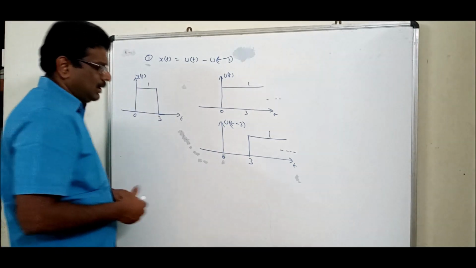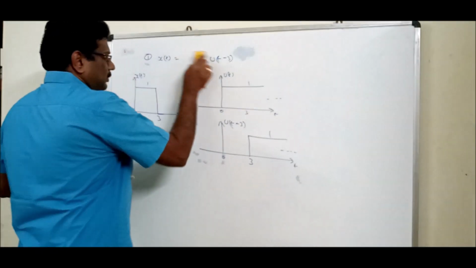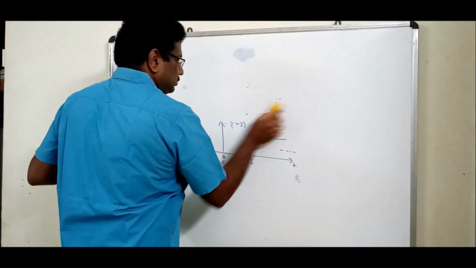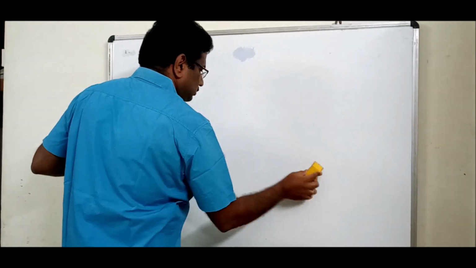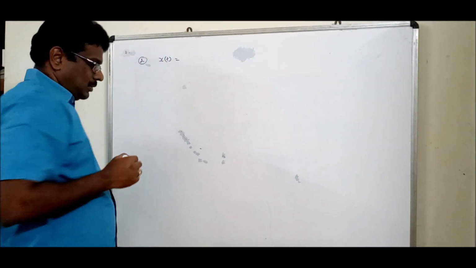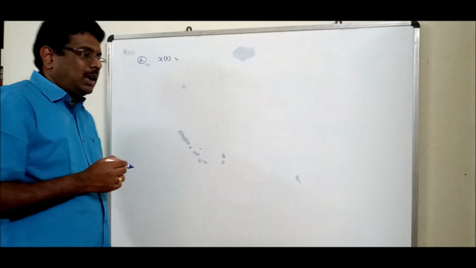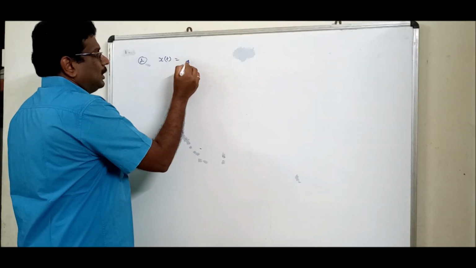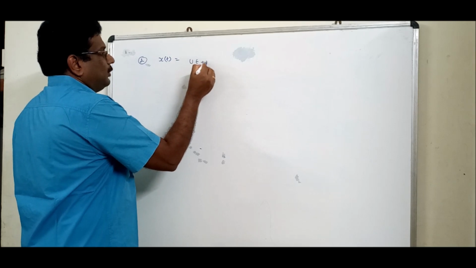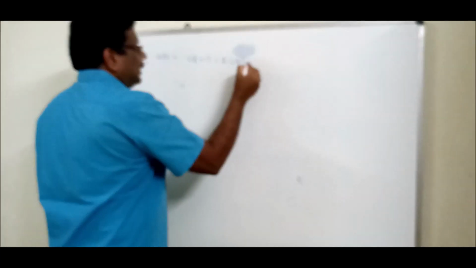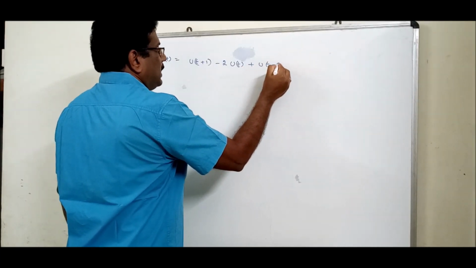In the same way, we'll have some other signal, which is u of t plus 1 minus 2u of t plus u of t minus 3.